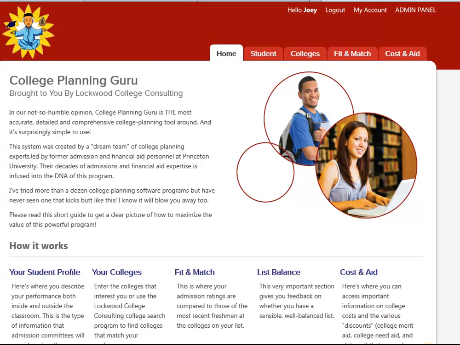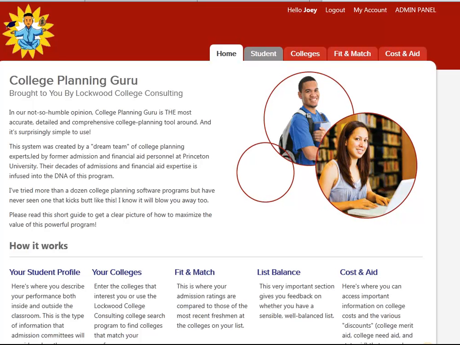It compares your admissions rating to those of the most recent freshmen. And I told you this has been back tested for a fairly high accuracy rate, 94%. There's also a list balance feature, which helps you pick additional schools. And then there's cost and aid information.